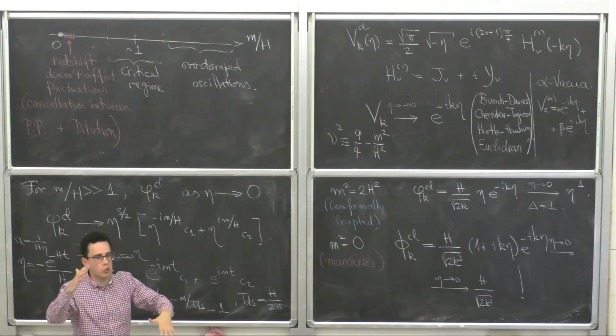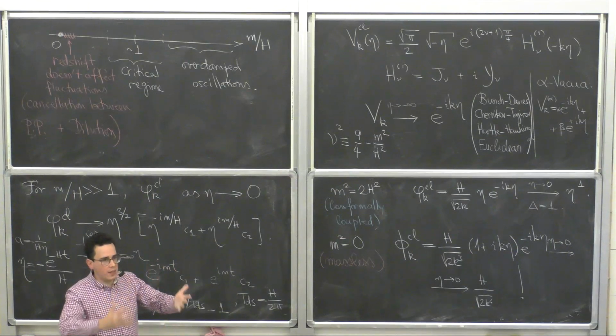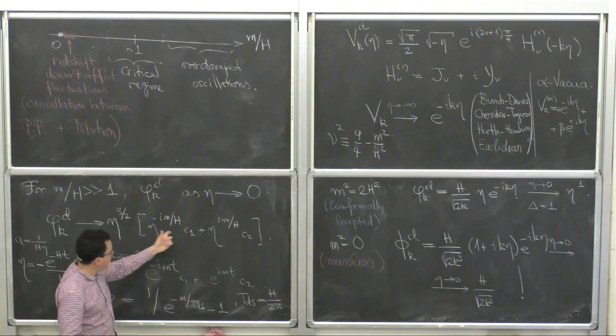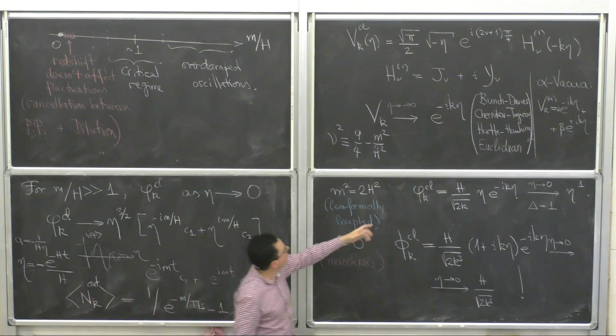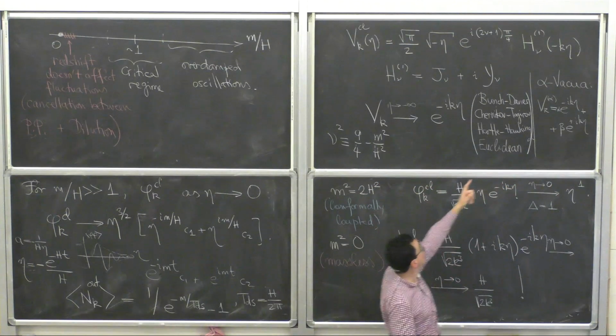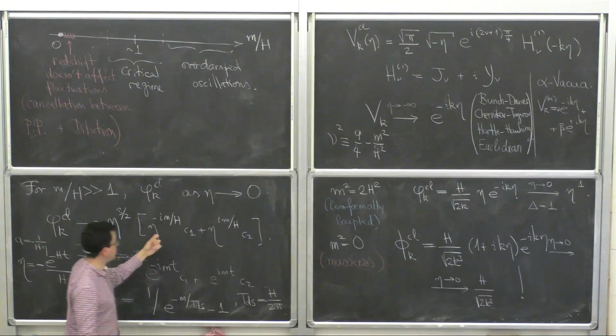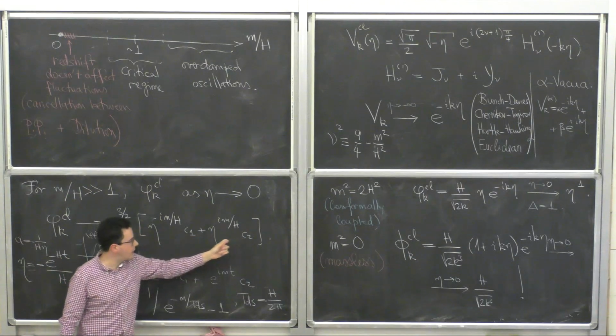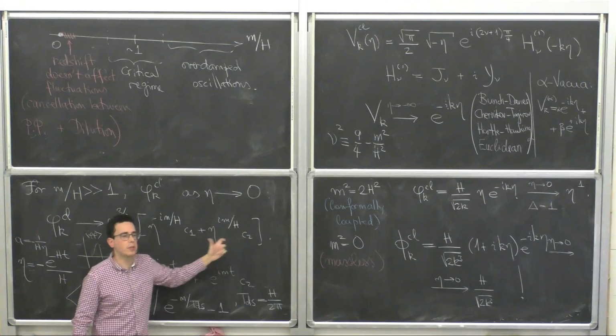If you see an admixture, then you'll see clicks in your Geiger counter. You just feed in this boundary condition, you solve the equation, and whatever you get, you get. And then you find that here there is some admixture, so there is particle production.